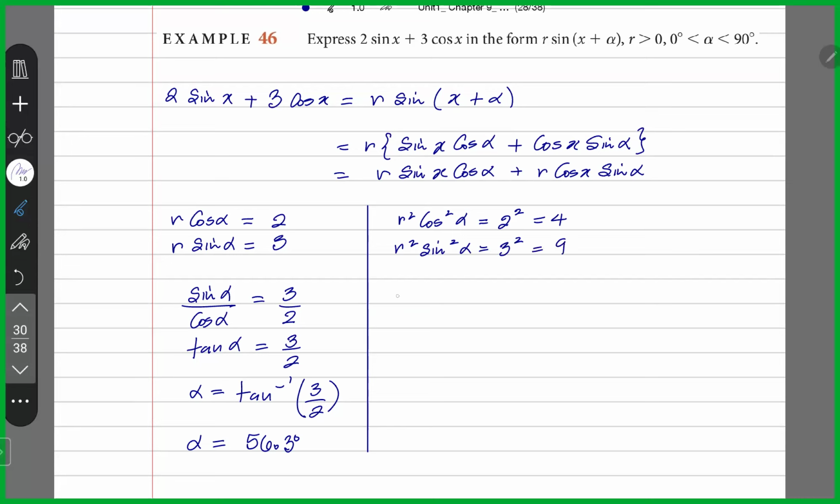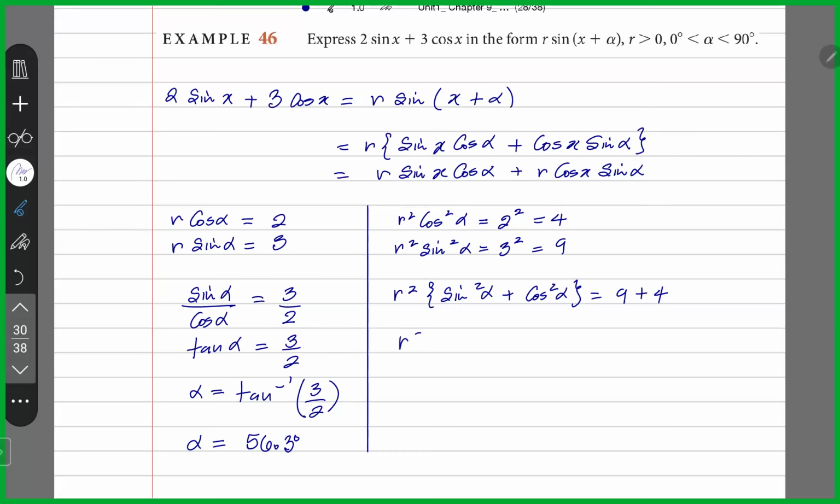We know that R squared (sine squared alpha plus cos squared alpha) is equal to 9 plus 4. Sine squared alpha plus cos squared alpha is equal to 1.